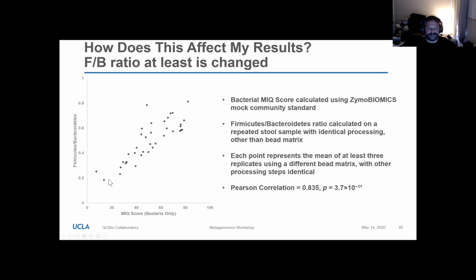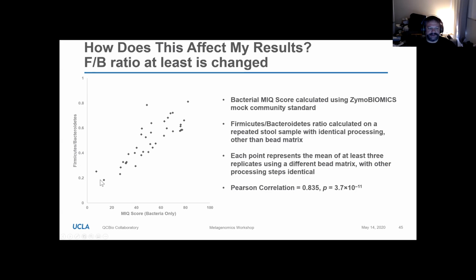What I see here is a bead method that generated a low mic score, basically inefficient lysis. Low mic scores in this case were, I think, universally caused by overrepresentation of gram negatives and underrepresentation of gram positives.